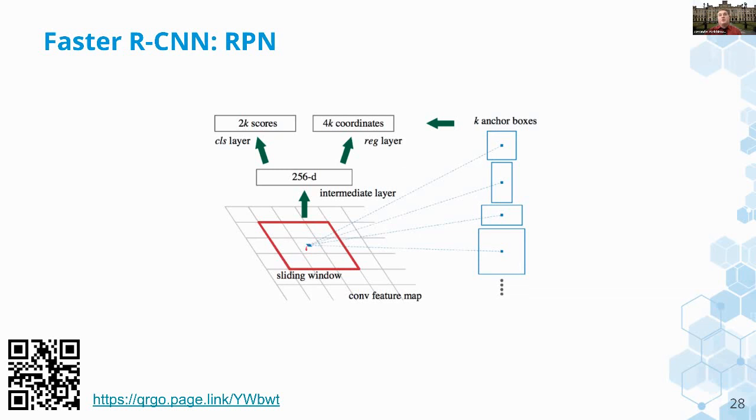So we may use features from this feature cell to predict whether this sliding window contains some object or not. And then by simply sliding this window across the whole feature map, we may localize all the objects that are located on our image.